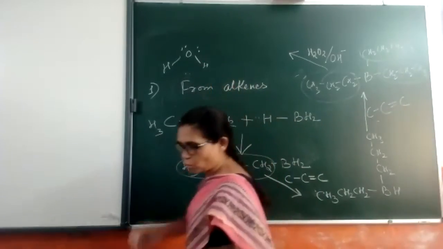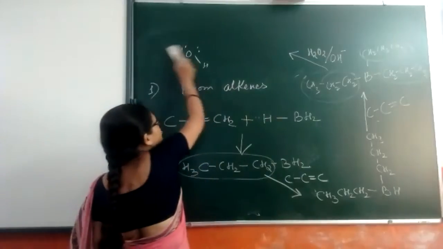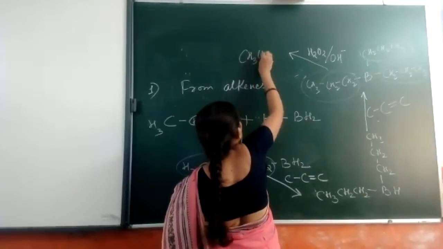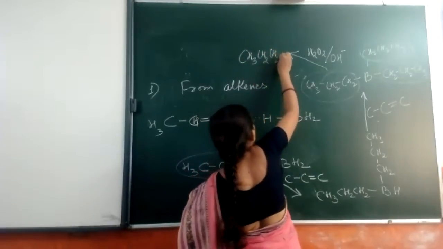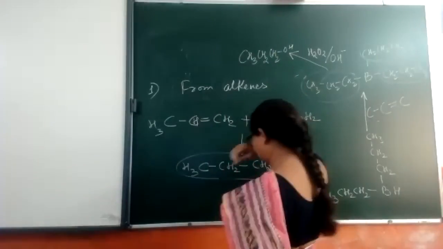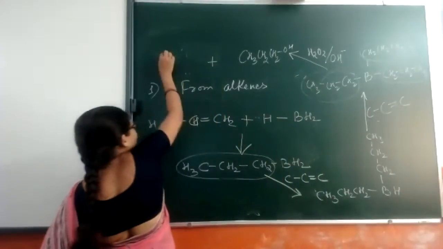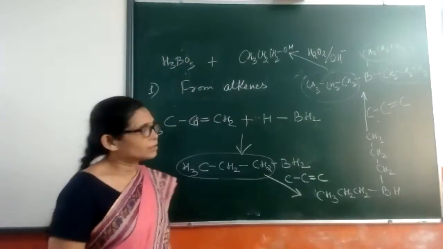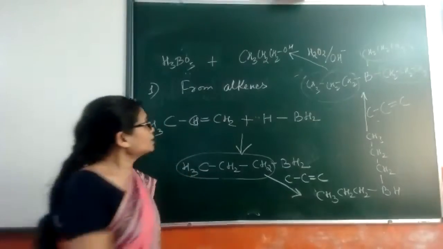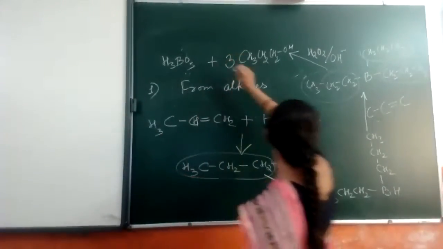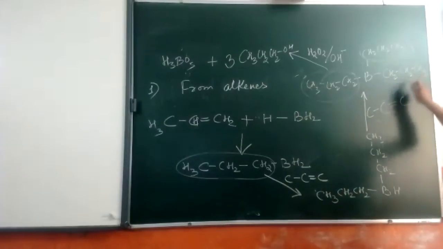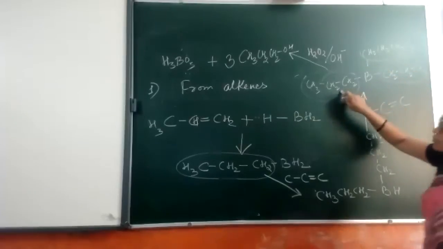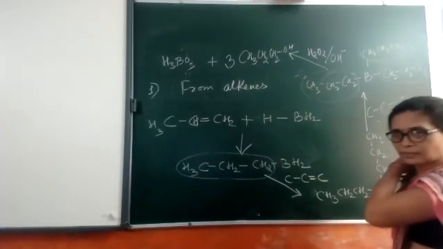We will get propanol. And the byproduct will be boric acid. And this will be 3 moles of propanol because boron is attached to 3 propyl groups.